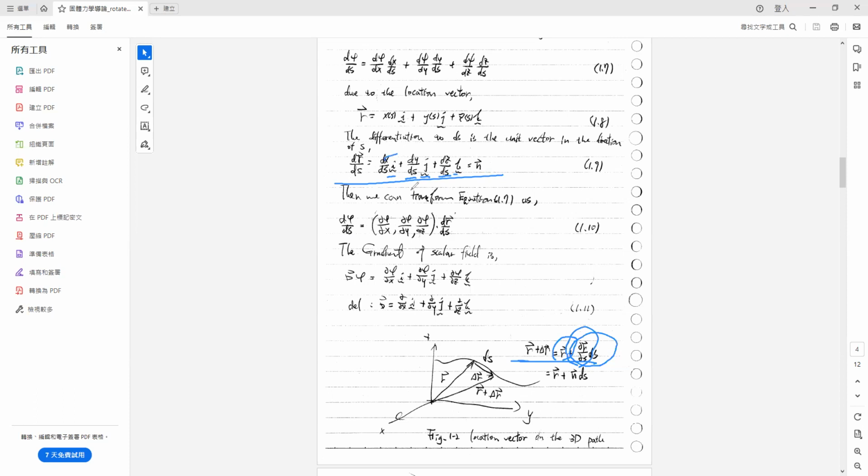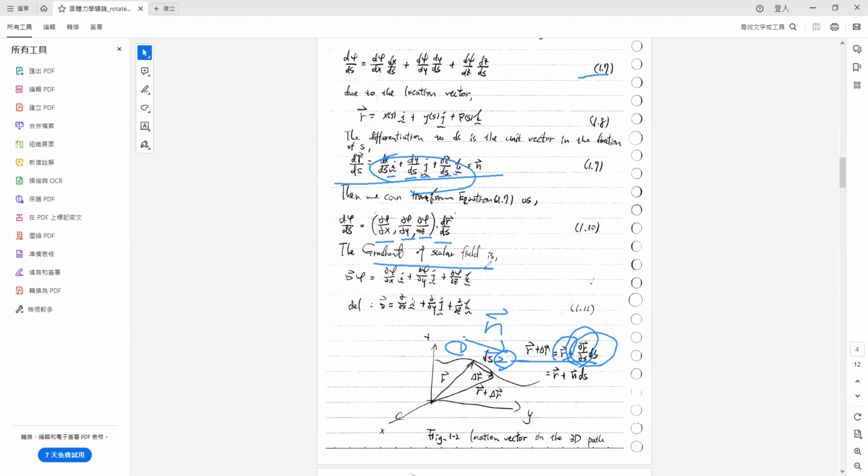It's a vector from location 1 to location 2. This unit vector is called vector n. And so we can transform equation 1.7 as delta phi/delta x, delta phi/delta y, delta phi/delta z dot d vector r/ds.